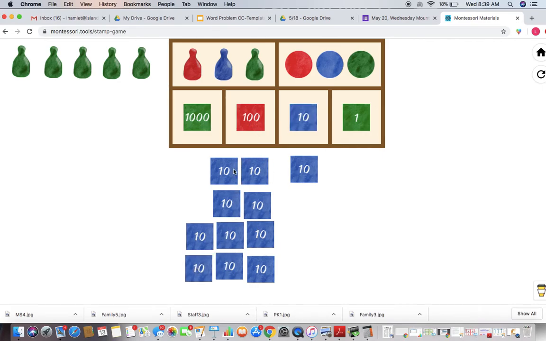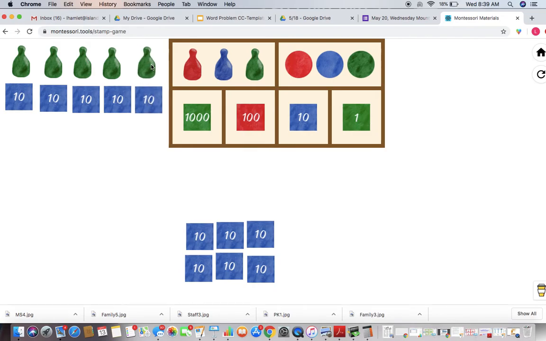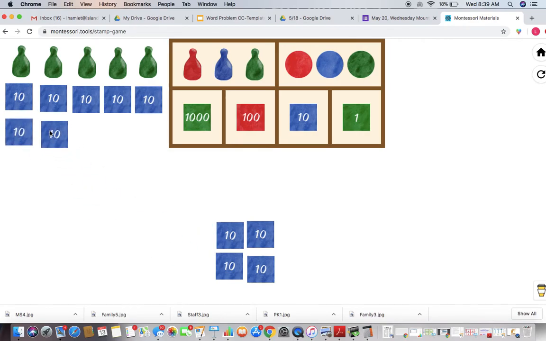So instead of my 100, I have 10 tens, which is still 100, but now I have enough to give to each, I call them men, each man individually, and they all get the same amount. It's division, that's what we want to accomplish. All right. And I'm going to see how many times I can do that until perhaps I run out. When I run out, we might have to consider some exchanges.